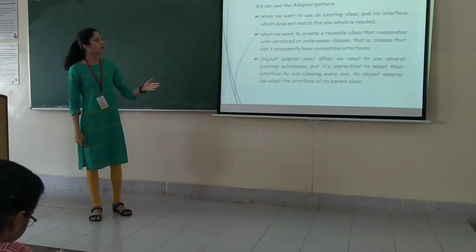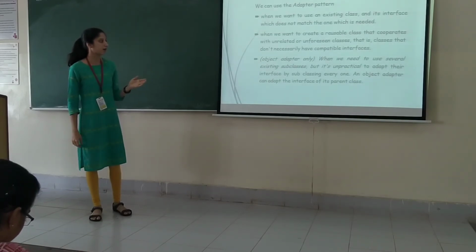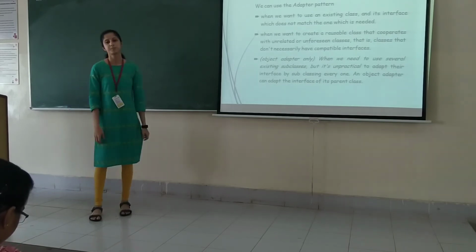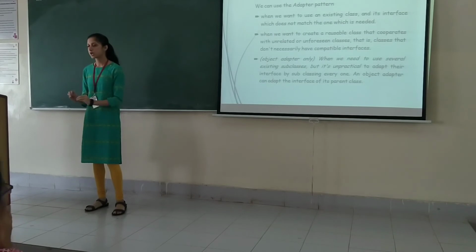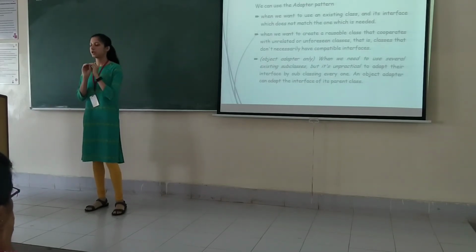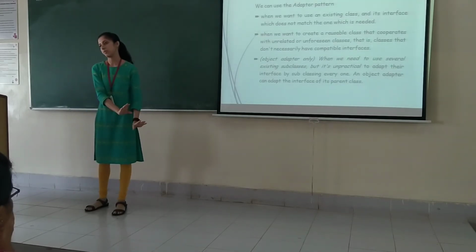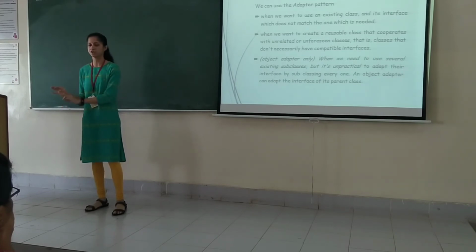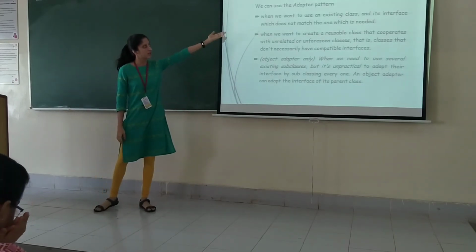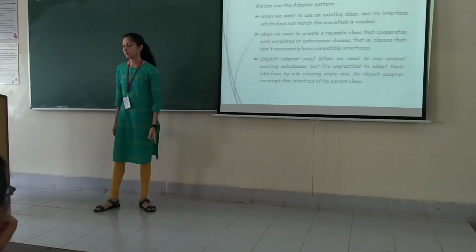And when we need to use several existing subclasses, but it is impractical to adapt their interface by subclassing every one. So the main focus of the adapter pattern is incompatibility. When incompatibility occurs, you need to follow the adapter pattern. This is the main motivation, but you need to write it in a different way, by giving examples of interface incompatibility, class incompatibility, and subclass incompatibility.